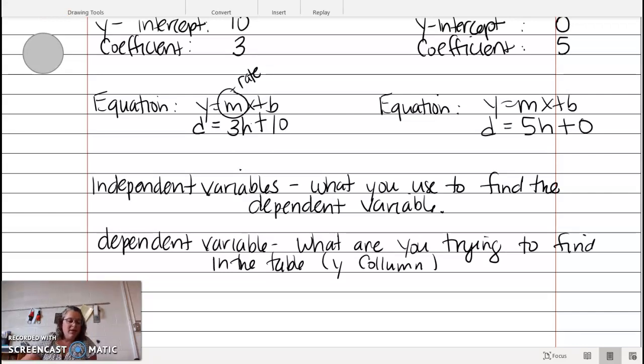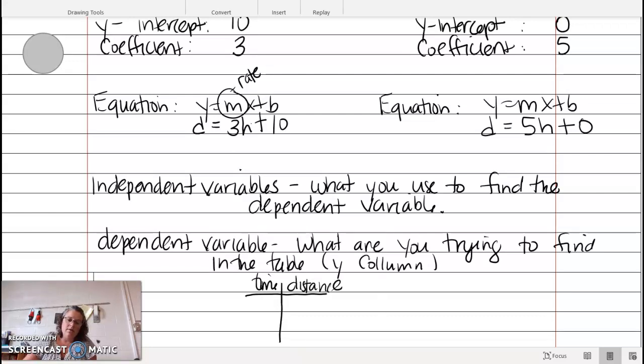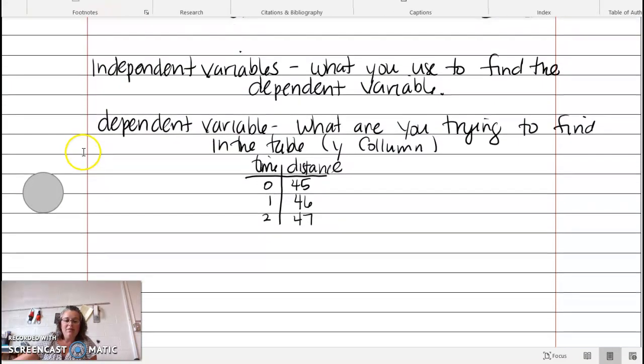Okay, so for example, if we were to set up this table and look at time and distance, we have 1 second, 2 seconds. So like the Austin and Max problem, let's do Austin's 45-meter head start. He was doing 1 meter every second, so 46, 47. If I'm interested, what's my independent, what's my dependent variable?